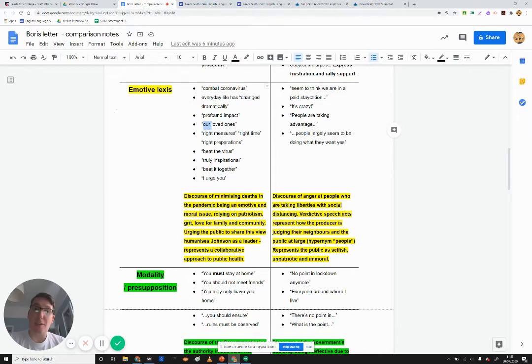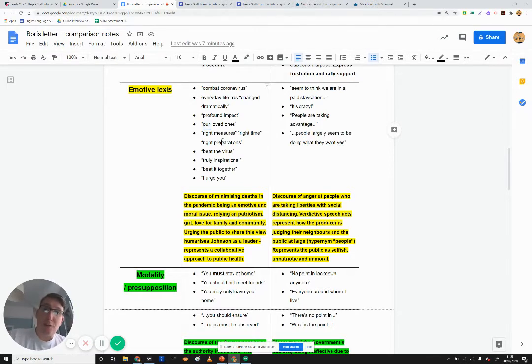So it's Boris and the reader. And it's a possessive determiner. A possessive determiner in that noun phrase tells us that we have loved ones. They belong to us. So that possessive determiner is phrased to include the reader and to say this is an emotional issue that doesn't just affect me, it affects you. And vice versa, it also affects Boris.